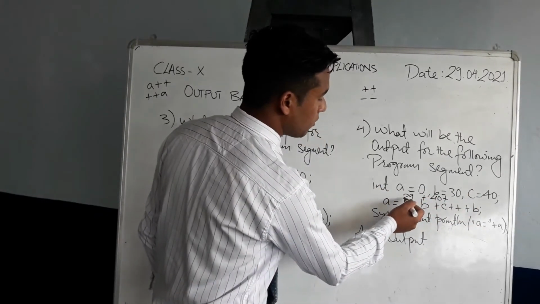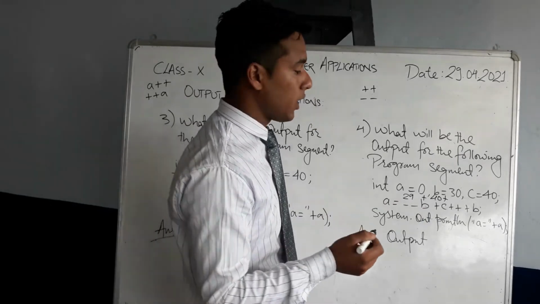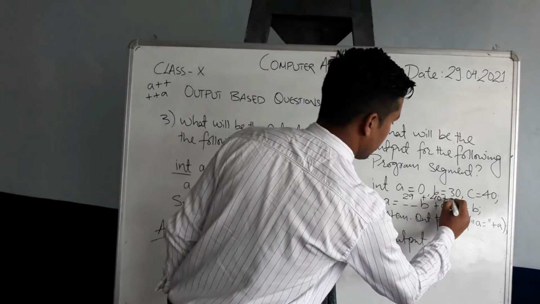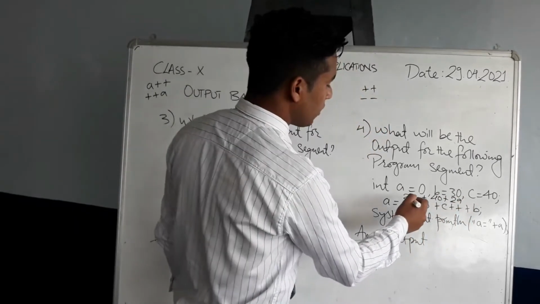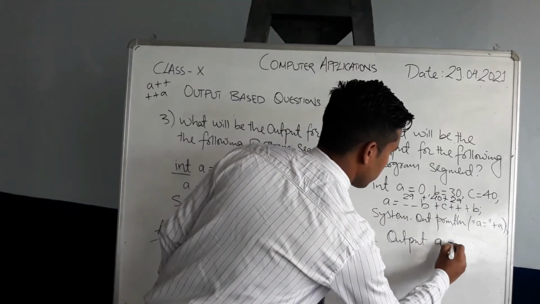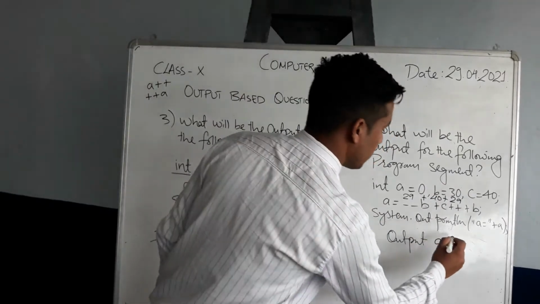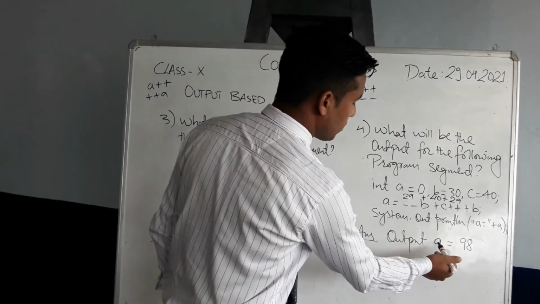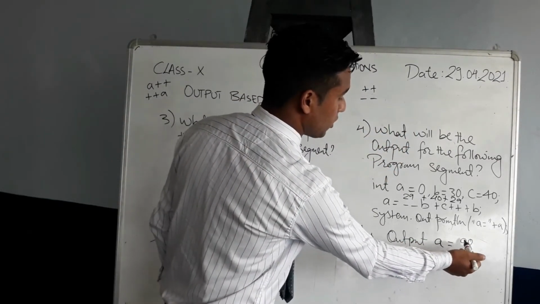This is the new value that we have got for b, that is 29. So the same value has to be written for the third part also. So if you add 29 plus 40 plus 29, it will give the output for variable a, which is 98.